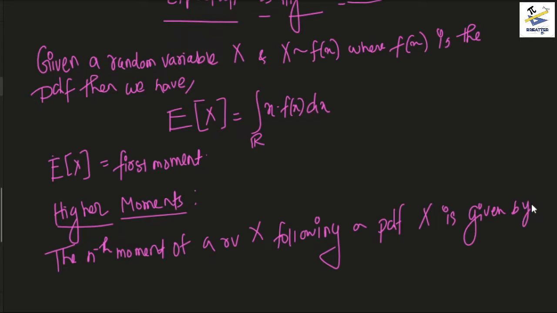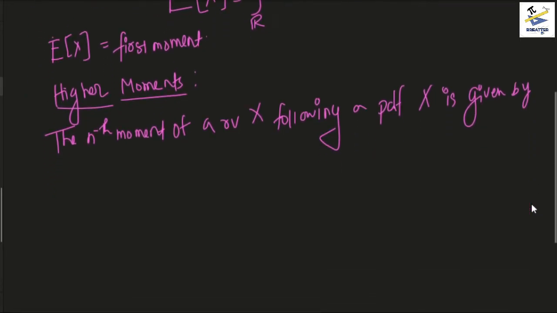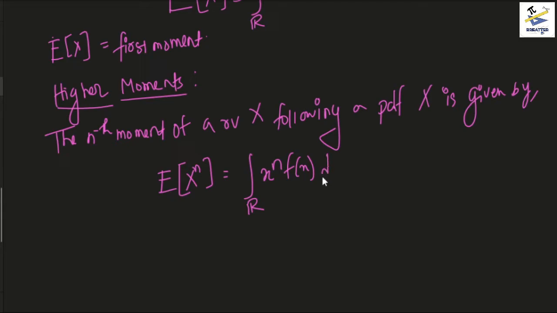So the nth moment of an RV or a random variable X following a PDF f of x is given by x to the power n into f of x dx.